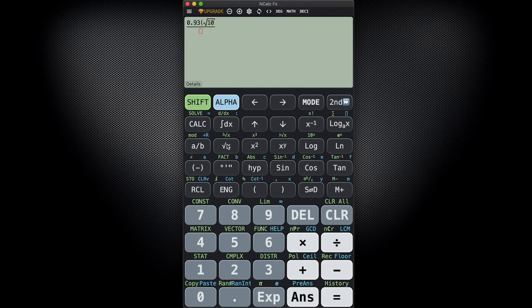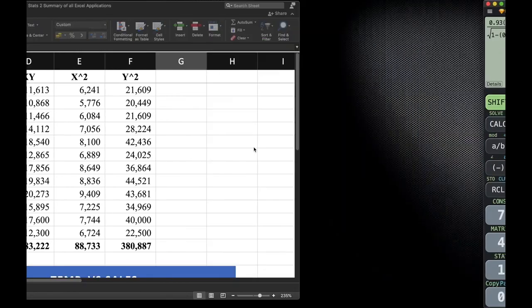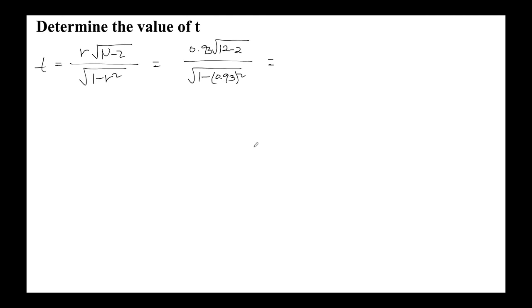So, for the denominator, we have here square root of 1 minus 0.93 then squared siya. Okay. So, ayan, 8.00 or eksaktong 8 na lang ang ilagay natin. So, for the value of T, that is 8. Okay. This is the T computed.